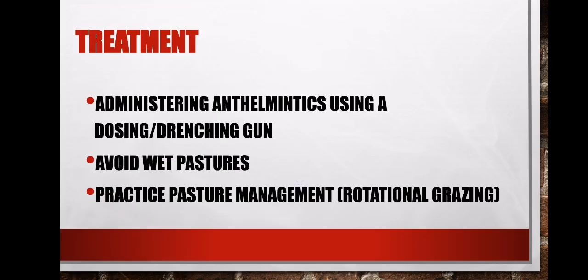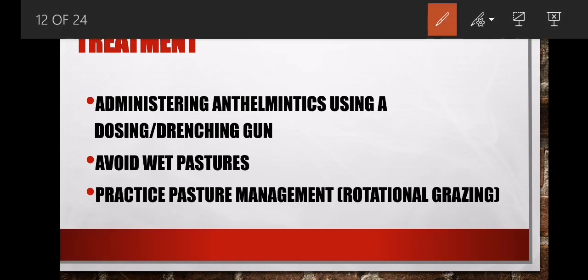Then let's look at this one. How can we treat it? We have three here, so you must know all of them. The first thing that you can do, you can provide the animal with medication, anthelmintics, and then you can use what? A drenching gun. So you provide the medication using a drenching gun.